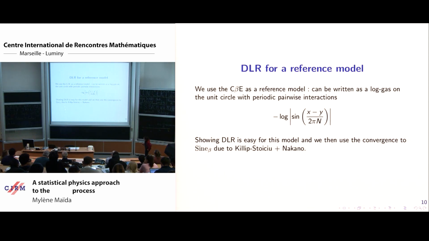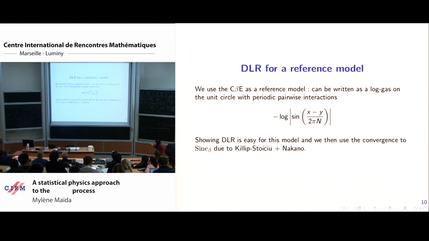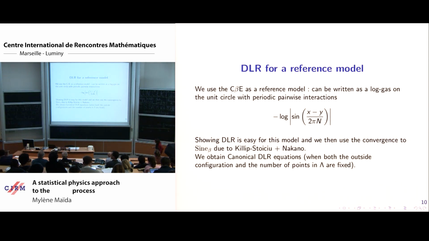Okay, and of course here there are a lot of approximating steps. So you have to control the convergence of C beta to sine beta, and also various approximating steps, but it's the main starting point.